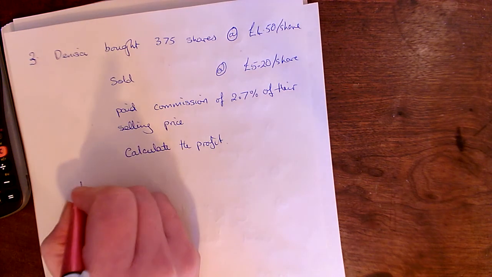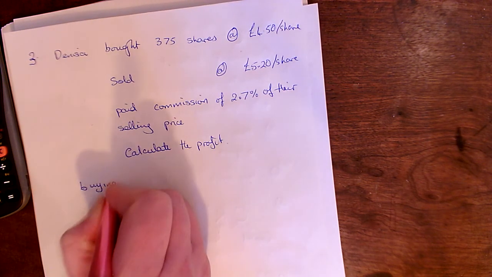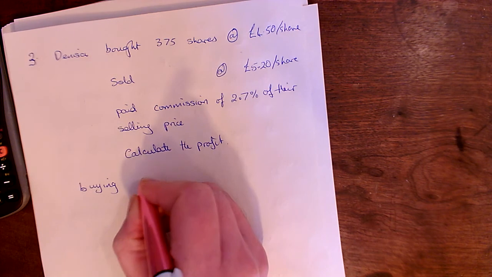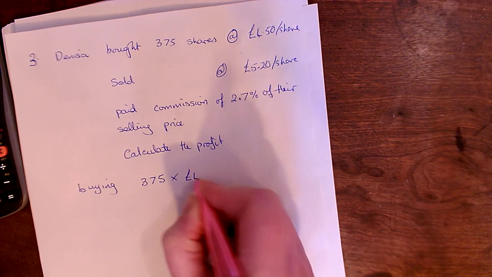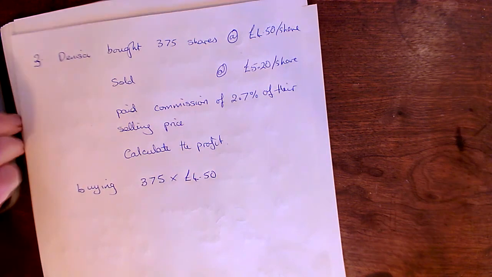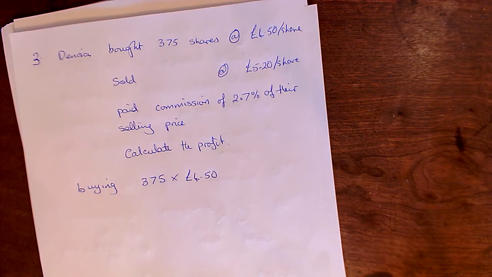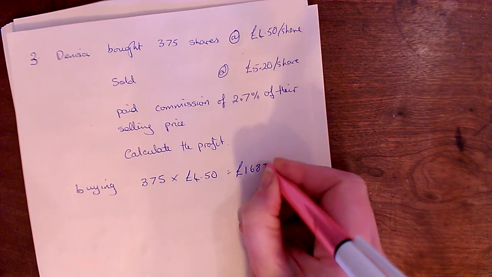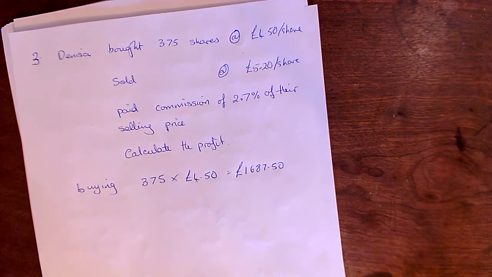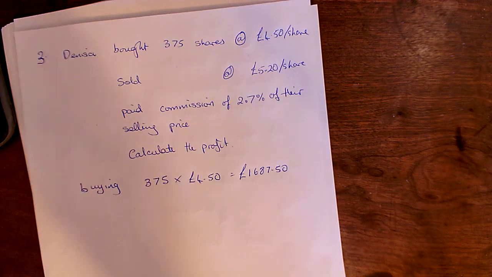So buying. Well, that's quite simple. You know, 375 shares and each one cost her £4.50. So 375 times 4.5 equals, and that comes out at £1,687.50. So that's what she bought them for.